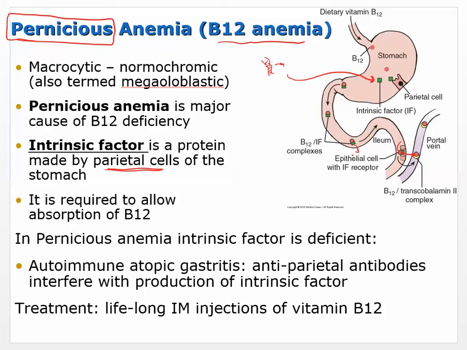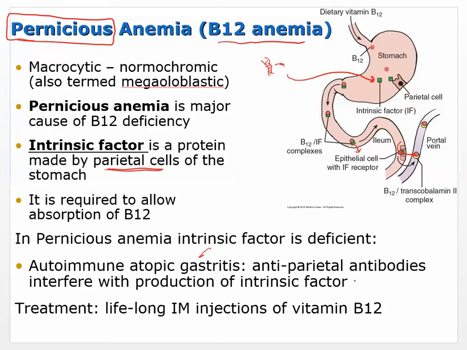So even though the problem is with the intrinsic factor, the result and how it presents is with a B12 deficiency. So that's why it's pernicious anemia, and that's why it's different. So in pernicious anemia, intrinsic factor is deficient. It could be autoimmune, antiparietal cell antibodies interfere with production of it.